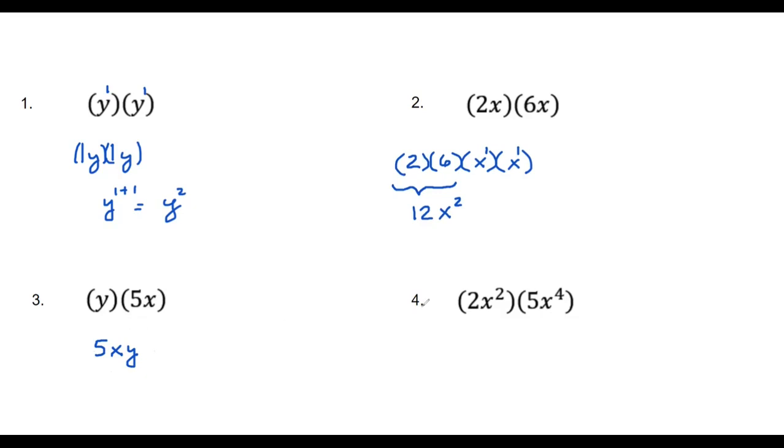Okay, let's look at number 4. We have coefficients. We have a variable of x to the second power. We have a coefficient of 5 and x to the fourth power. Let's do the rearranging thing and put the coefficients together. 2 times 5.